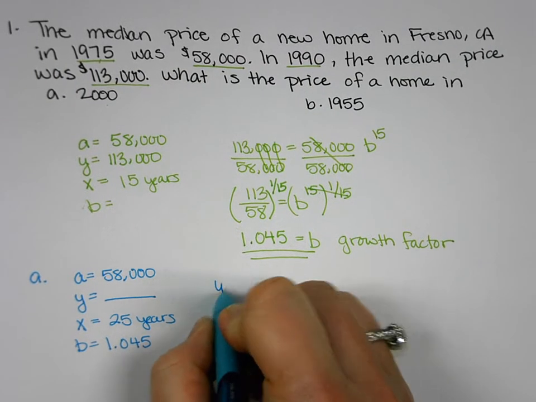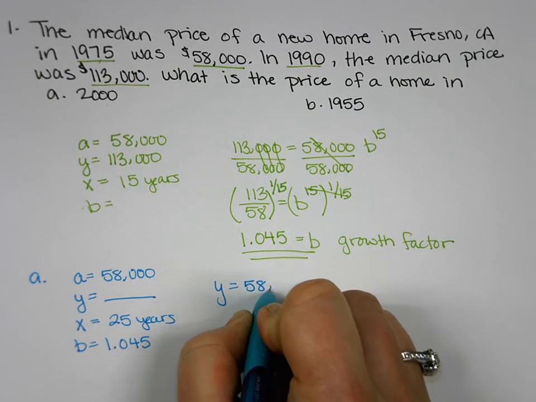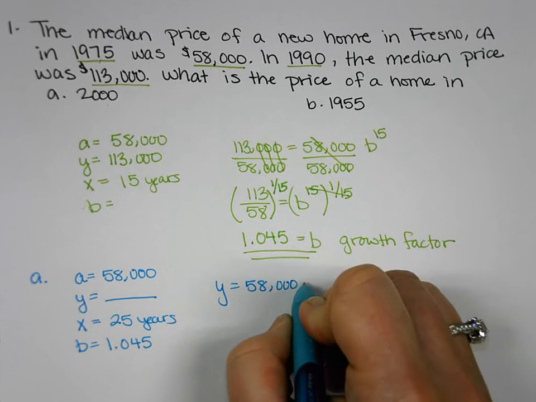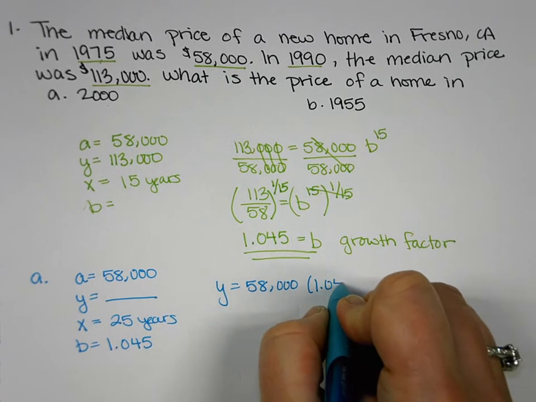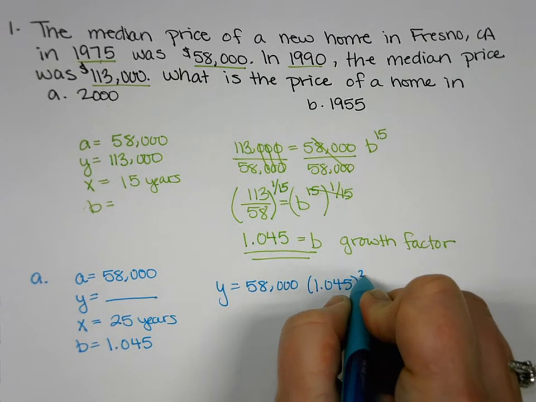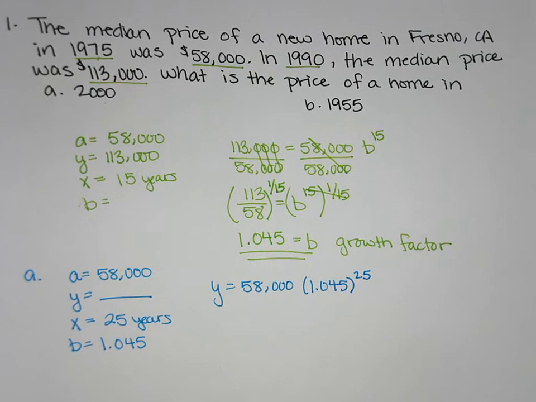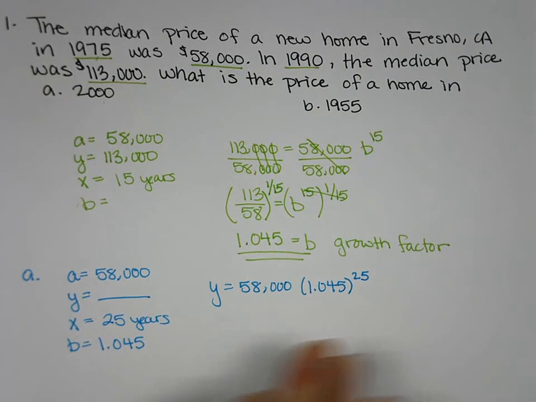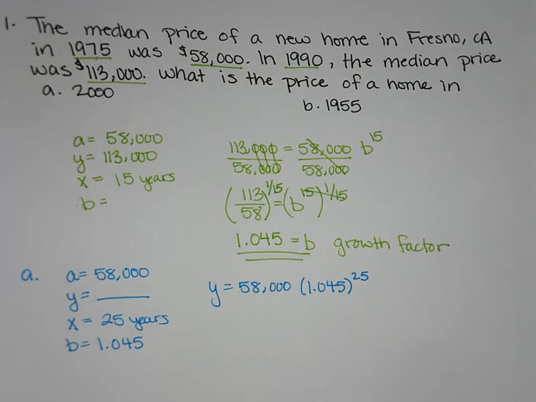Y equals 58,000 times 1.045 to the 25th power. And all of our numbers are on one side, meaning it's just punch it into a calculator and get an answer. So this top part in green, that was the bulk of the work. Everything else is now just plug it into the formula, type it in, get an answer.